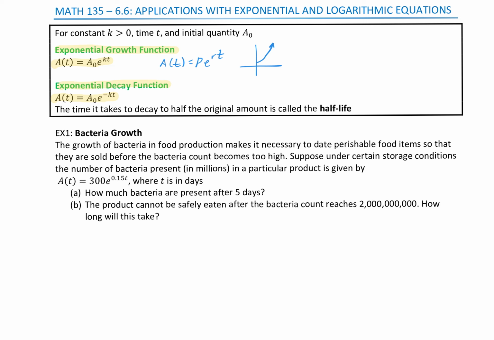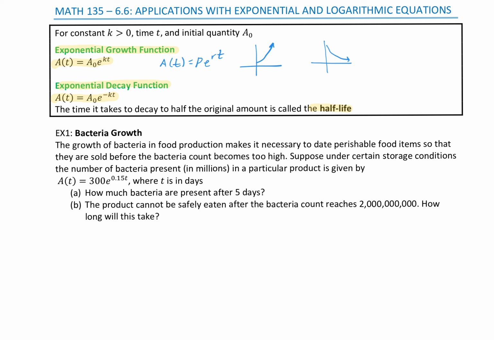When we're looking at an exponential function that decreases over time, it's going to start at some population and go towards 0 or die out. Oftentimes when we're talking about decay, we also talk about what we call the half-life. And half-life is exactly what it sounds like. It's the amount of time that it takes for the amount to decrease to half of what you started with.